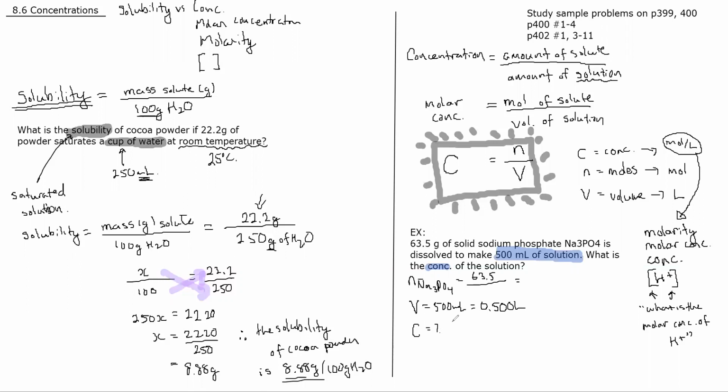That will be 3 times 22.99, 4 times 16, and 1 times 30.97.